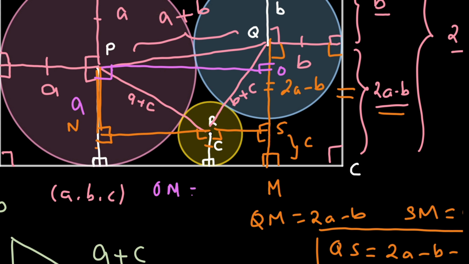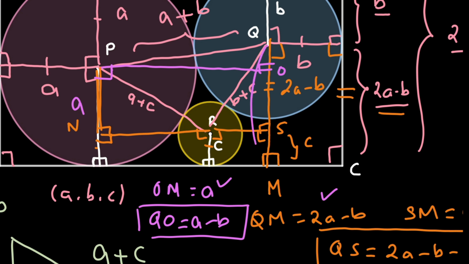Therefore the length of OM is equal to A. Now recall the length of QM, that is 2 times a minus b. The length of OM is equal to A. So if I subtract these two lengths, I will get the length of QO, and that would be equal to a minus b. You can see in the diagram, Q to M minus the length of O to M gives me the length of QO, and that is a minus b.